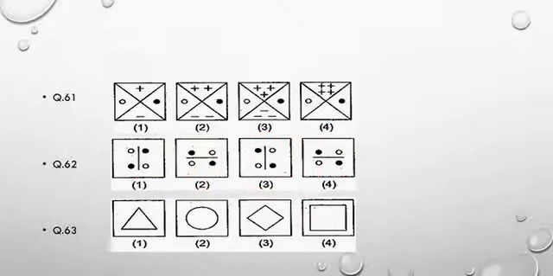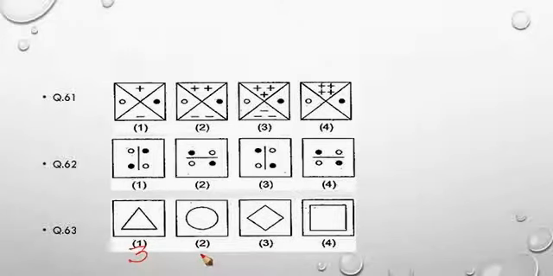Now let's move on to the next question. Question number 63. There are 4 options given. In each of the options there is one unique design given. In the first case it is a triangle which has got 3 straight lines or 3 sides to it.